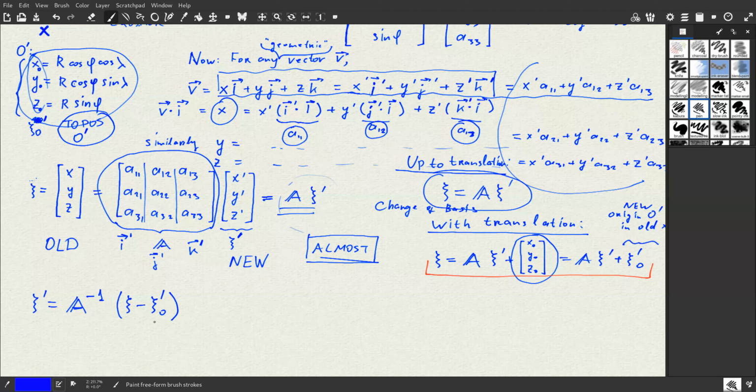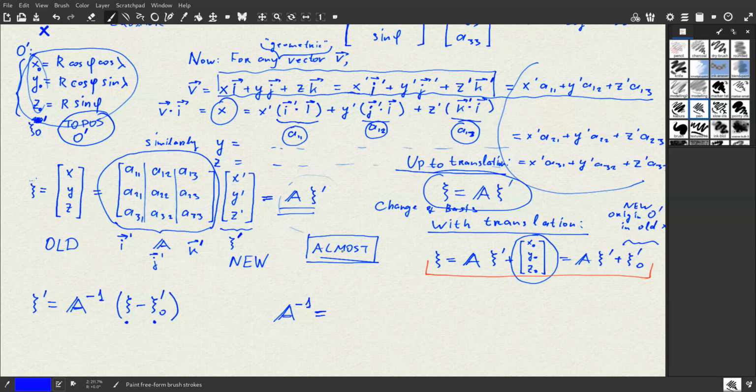We subtract from those coordinates the coordinates of our O prime and multiply on the left by the inverse matrix A. Now, can you tell me, please, in this particular case, what is the inverse of our matrix A? Matrix A is here. What is the inverse of A?